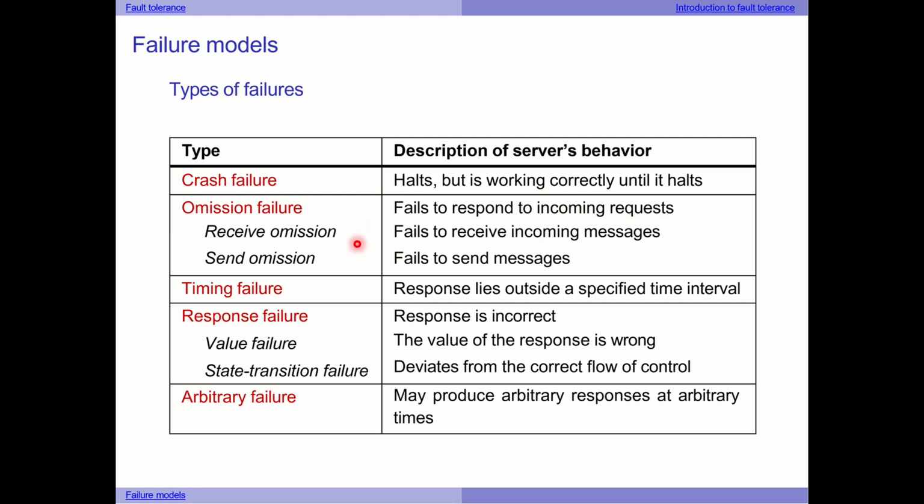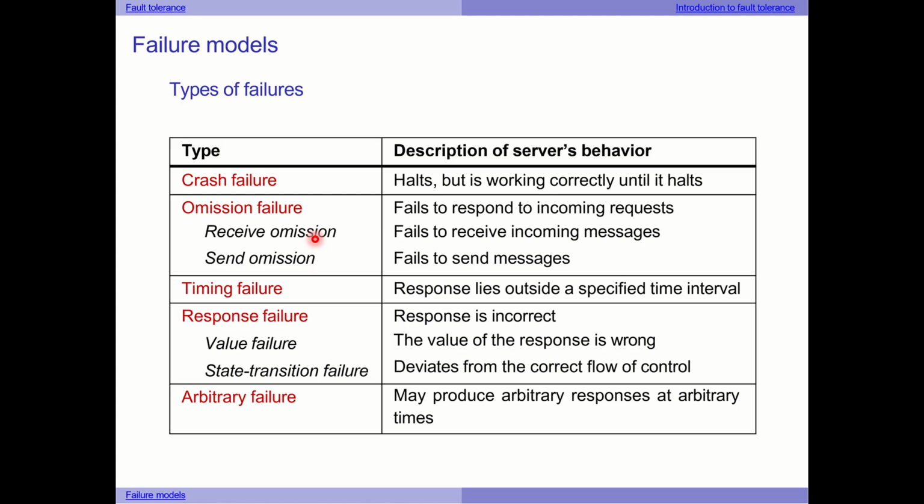Under receive omission, the server fails to receive incoming requests, and under send omission, it fails to send messages. For the receive omission, the server is not aware of the failure itself, because it does not know that it needs to receive some incoming message.